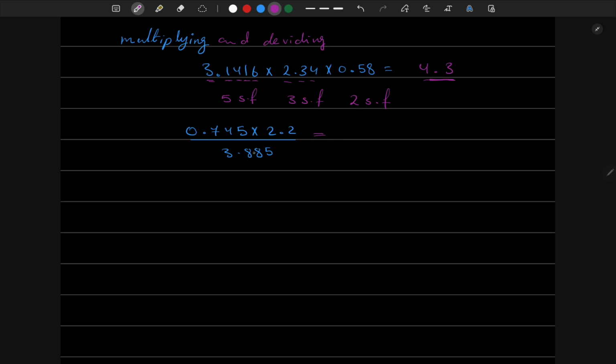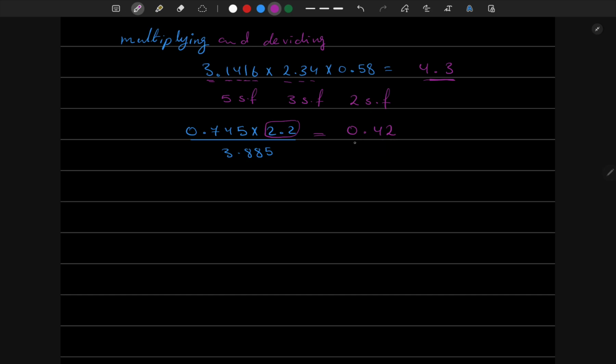I'm going to find the number that has the least significant figures, which is this one, evidently, 2 significant figures. So my final answer should have only 2 significant figures. So I'm going to round the final answer to 0.42, which has only 2 significant figures.